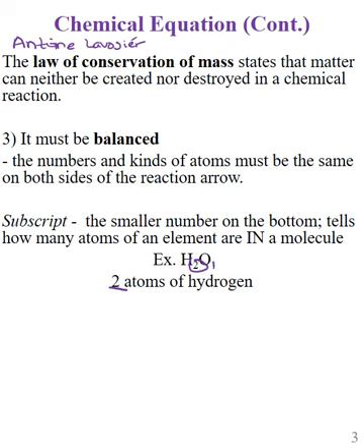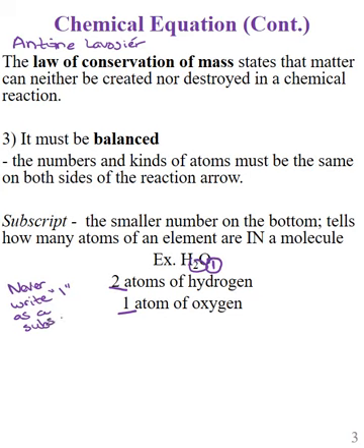Well, they don't write a 1, but it's assumed. So how many atoms of oxygen do I have? Just 1. Remember, you never write 1 as a subscript. It's assumed.